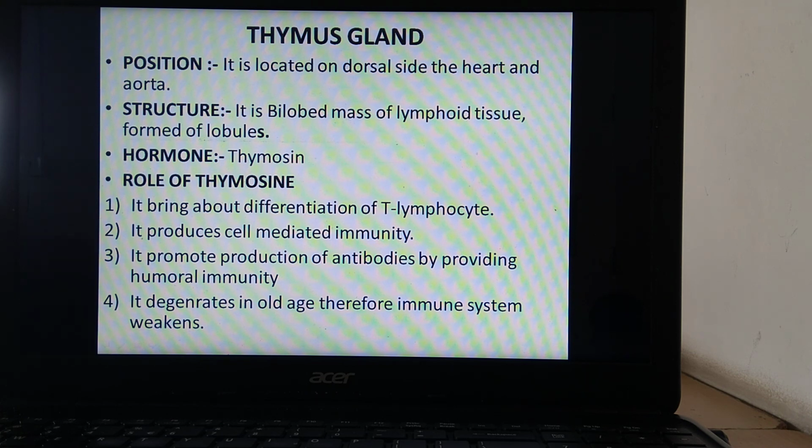Okay, so what is the condition? The thymus gland is prominent at birth but gradually atrophies, that means gradually degenerates in adults, and that's why the thymus gland is also called a temporary gland. Remember that the thymus is also called a temporary gland.